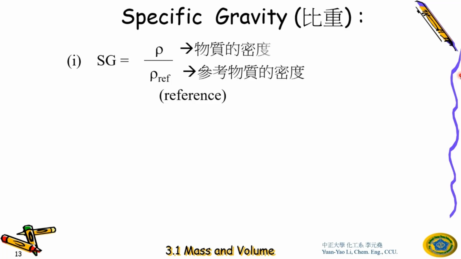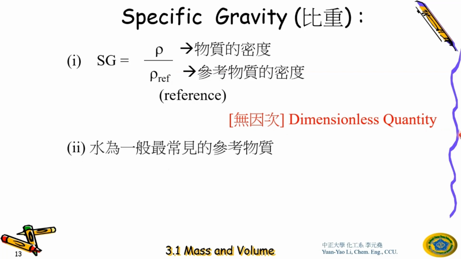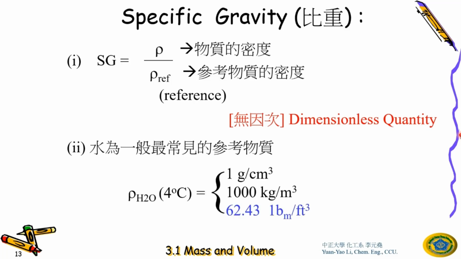Water normally is 1, right? This is the reference density, and this is the density you are measuring. This is what we call specific gravity. Of course, density divided by density becomes a dimensionless quantity. Water is the one we normally use as a reference, especially at 4 Celsius. At 4 Celsius, the density will be 1 gram per cubic centimeter.